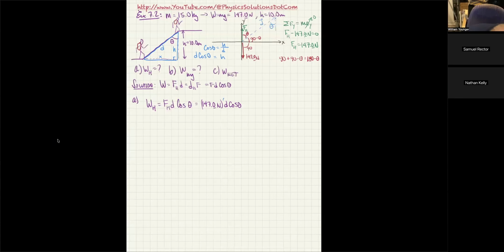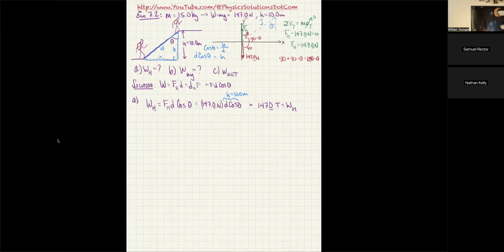So now we know this is h, which is equal to 10.0 meters, and therefore we know that the work done by the hiker is 1,470 joules.